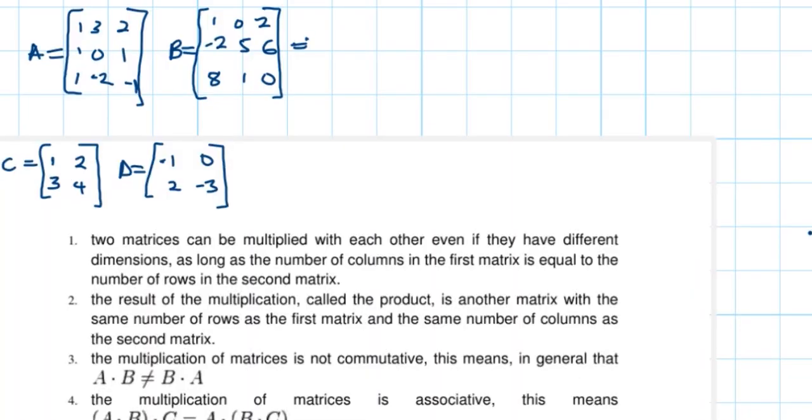All right, now let's look at multiplication of two matrices. Here we are to multiply matrix A and B. So to multiply two matrices, first of all let's look at the 2 by 2 matrix.